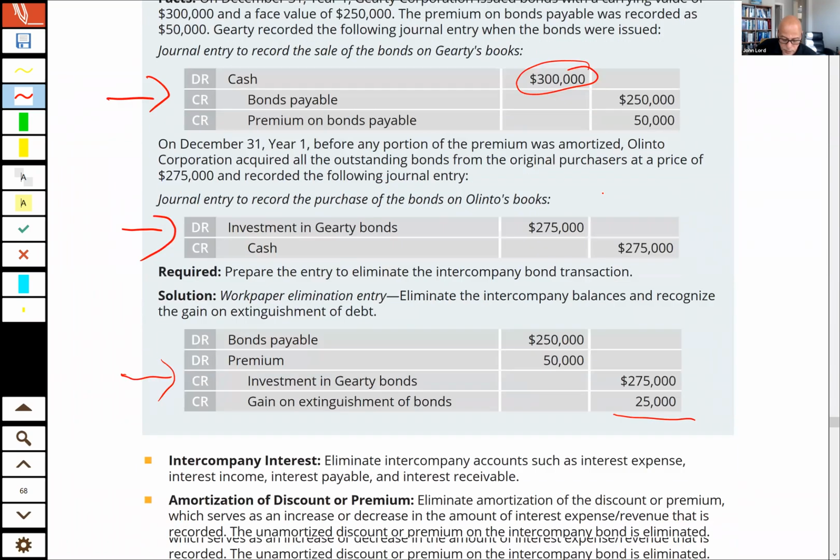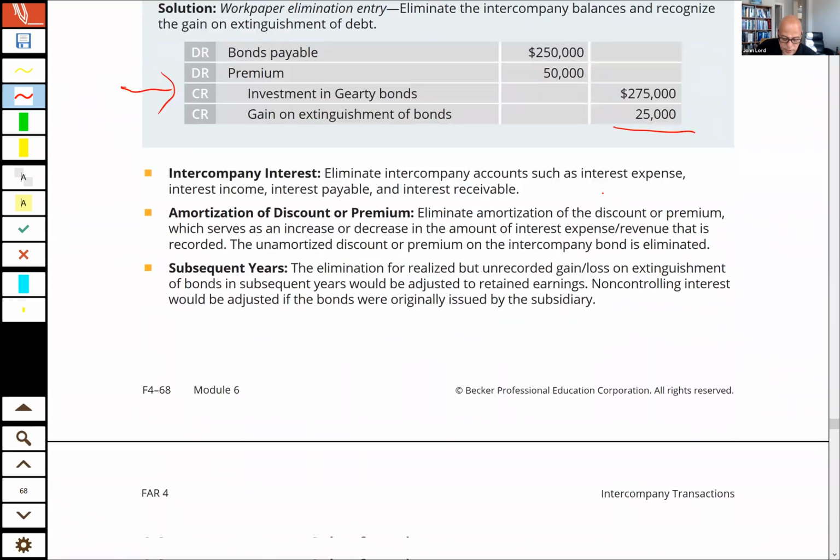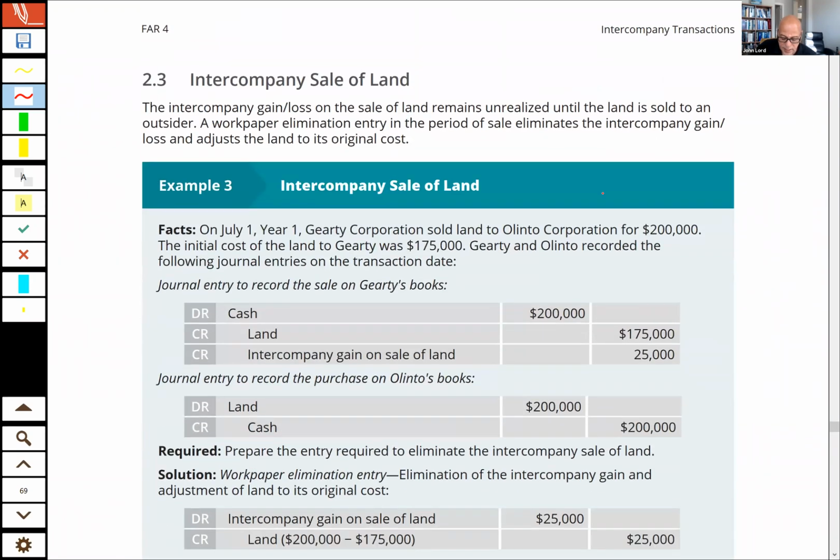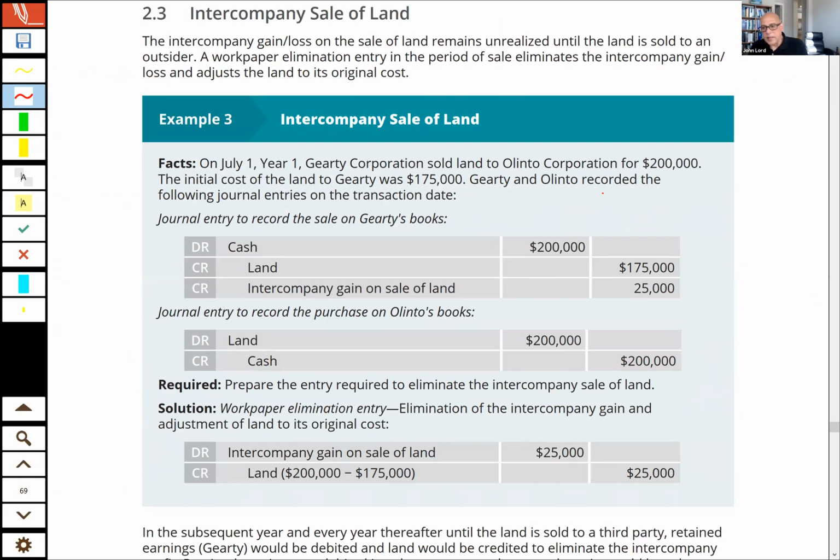Okay, good. Let's go ahead and let's take a look at intercompany sale of land. And we have this land that we sell between the parties, and we sell the land at a $25,000 gain. Can you sell land to yourself at a gain? No. So what do you have to do? You go ahead and you need to take out that intercompany gain.